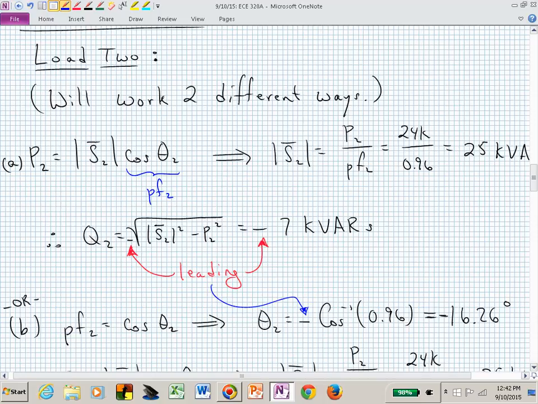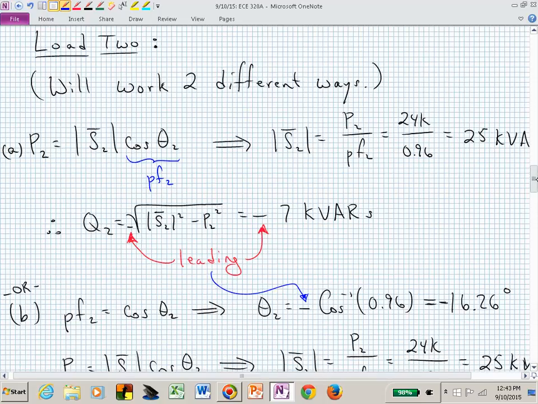Our Q is now negative. We'll assign a negative value to Q sub 2, and it ended up being minus 7 kilovars. This particular load is supplying magnetizing vars, the way the book is referring to it, and the other one is absorbing. Load 1 is absorbing magnetizing vars.